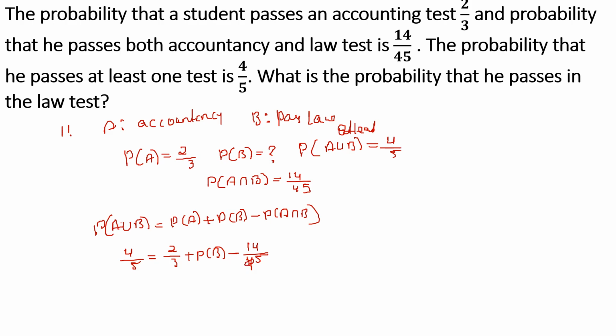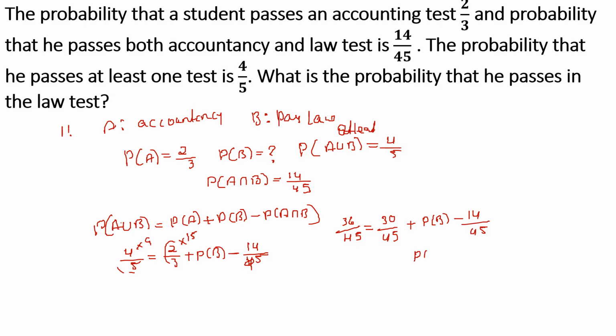To make this, multiply this by 9 by 9 and multiply this by 15 by 15. So we have 4 nines are 36 divided by 5 nines are 45, equal to 2 fifteens are 30 divided by 3 fifteens are 45, plus P of B minus 14 by 45.